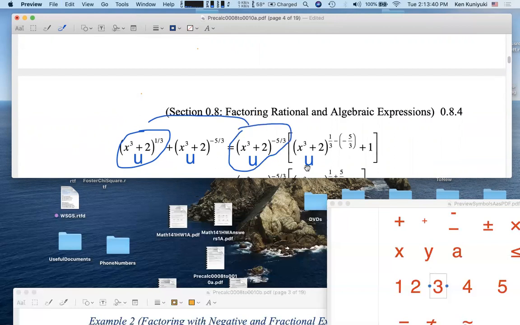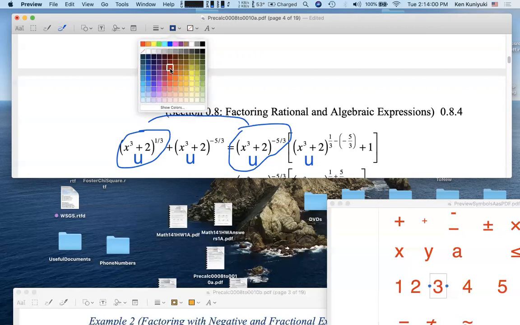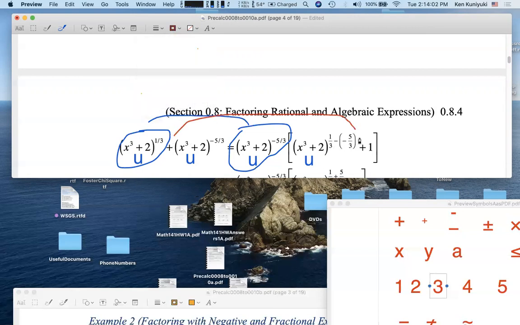So the quotient will be u to the, I start with the 1/3 exponent, and I subtract or take away the negative 5/3. That's my new exponent here. You should write it out. The plus sign carries over. And then u to the negative 5/3 divided by itself is just 1. But don't forget the 1. Put the plus 1 there.